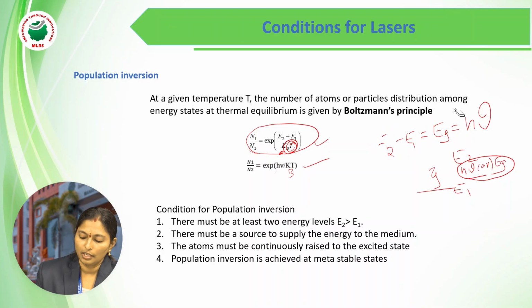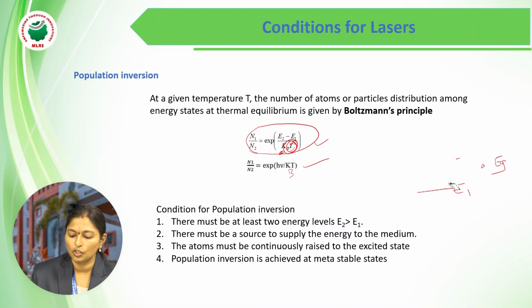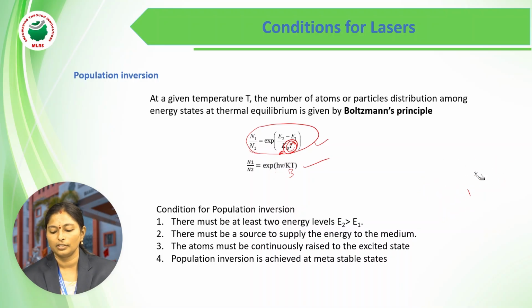What are the conditions to get the population inversion? There are some conditions. First, there must be at least 2 energy levels. One energy level is not enough to get population inversion, so at least 2 energy levels are required. Another important thing is we need some source to supply the energy, which we call pumping.